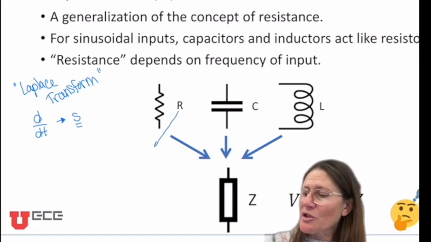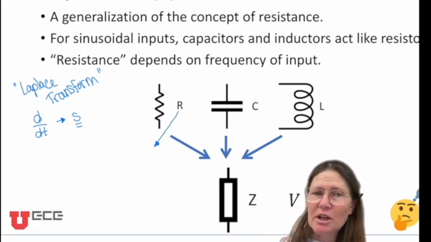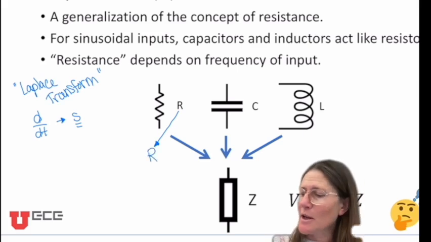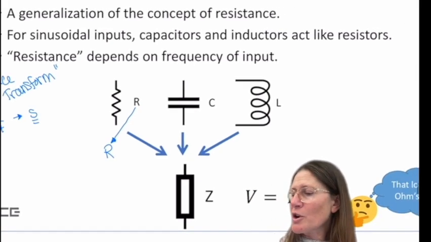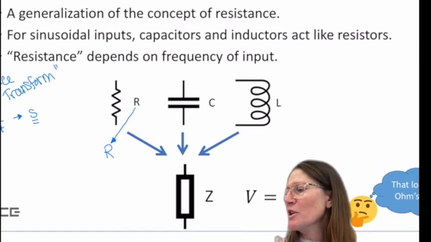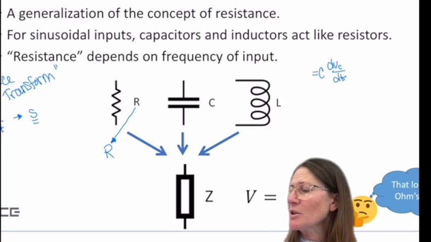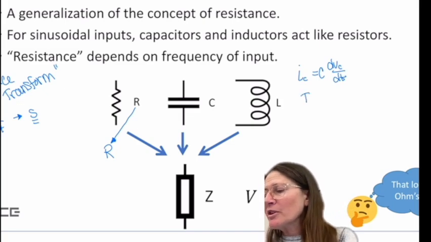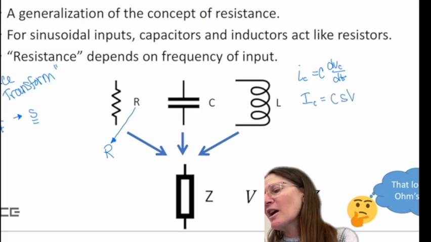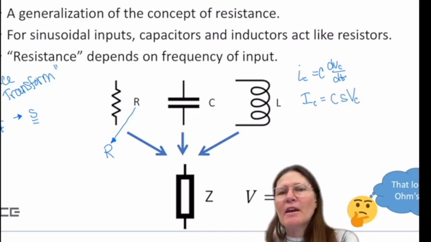So your resistor doesn't have any time dependence or any differentials, so it stays the same. For your capacitor, remember your capacitor was C dVC/dt is equal to IC. So now this becomes an I and a capacitor, and this becomes S times VC.